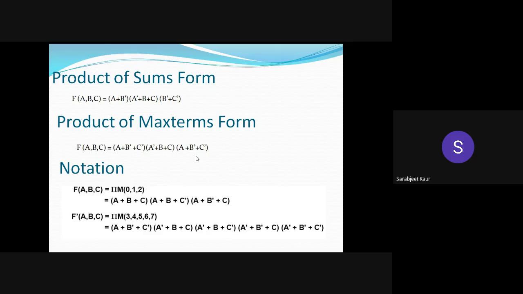So obviously this can be called a product of max terms form. Is this clear? Yes, ma'am. Is there somebody who's saying no? You want me to repeat? Ask me a particular question, the part of the concept that you want me to repeat.